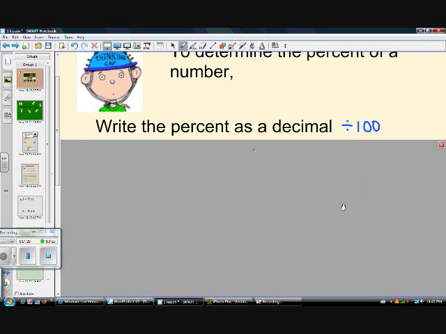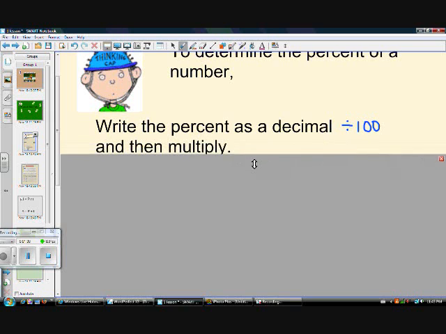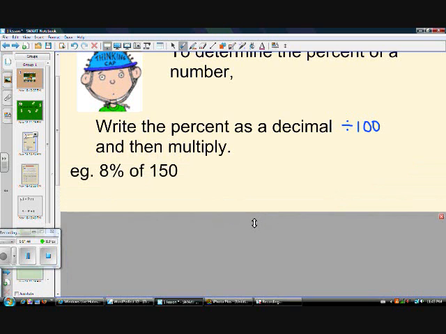Some of you move the decimal place over 2 places, and that is great, but if you ever forget which way the decimal goes, always take the percent and divide it by 100. After we've done that, then we multiply by that number. So let's look at an example.